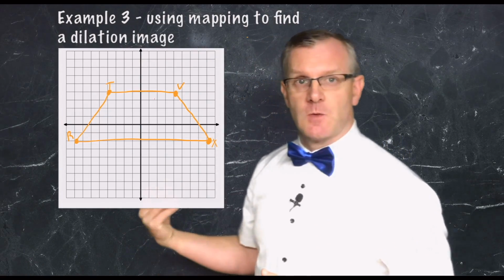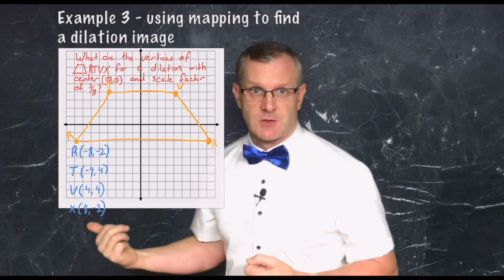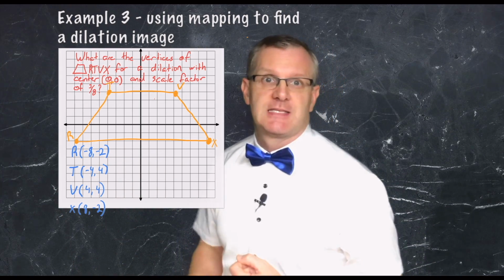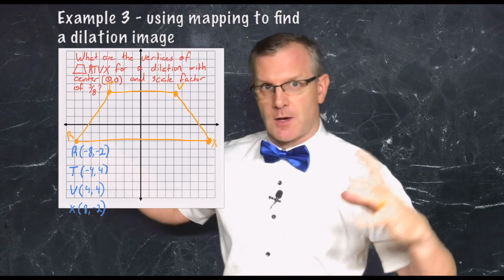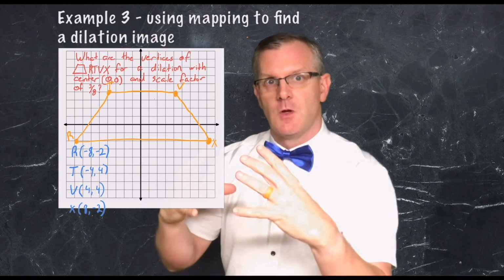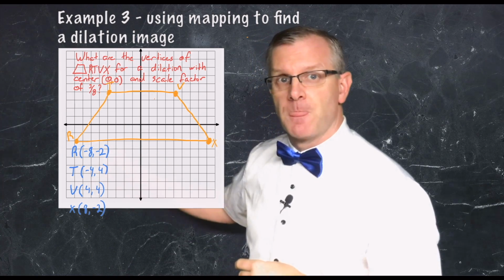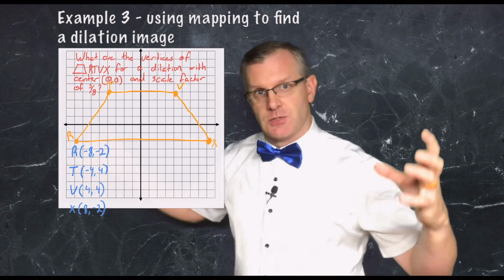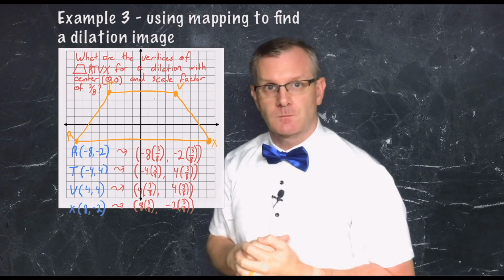We've got trapezoid RTVX, and we are going to dilate this by a scale factor of 3/8. So 3/8 the size, we're going to bring this trapezoid down smaller. We're also going to use the origin, (0, 0), as our center of dilation, so everything's coming back closer to the origin.